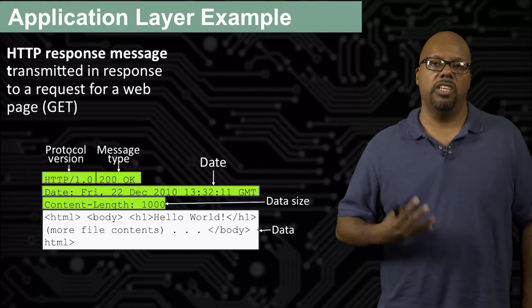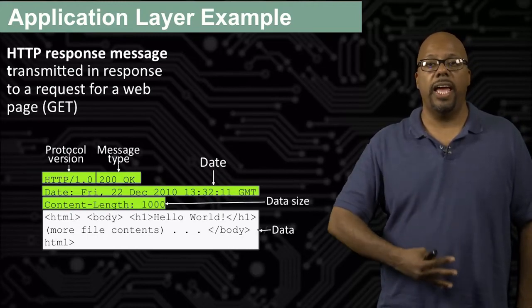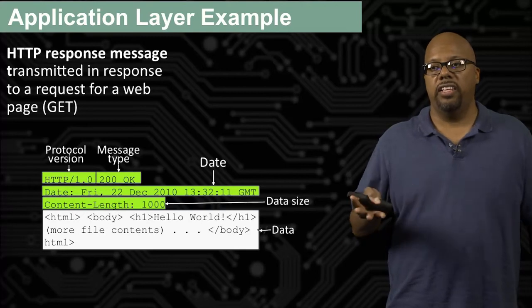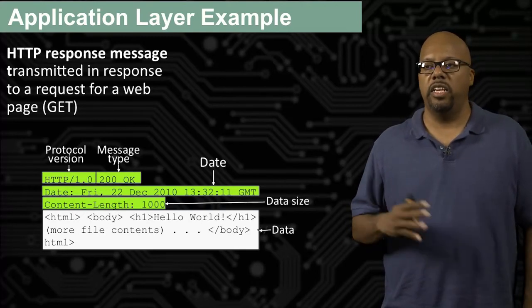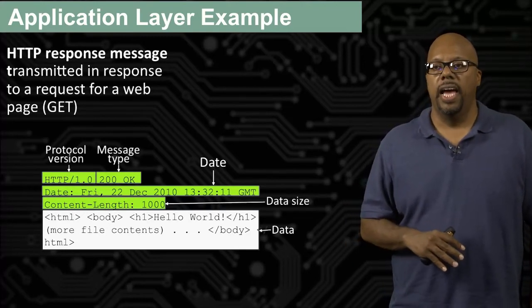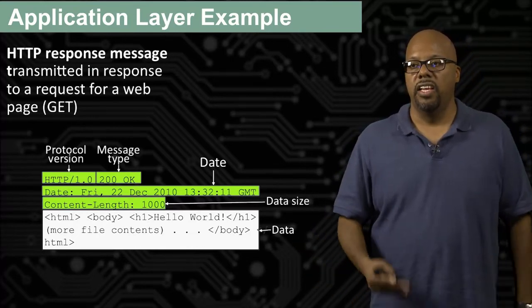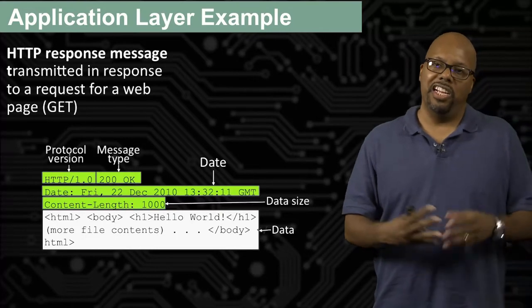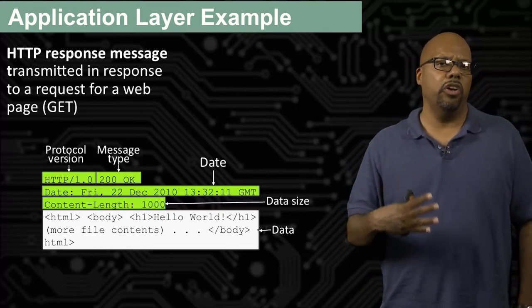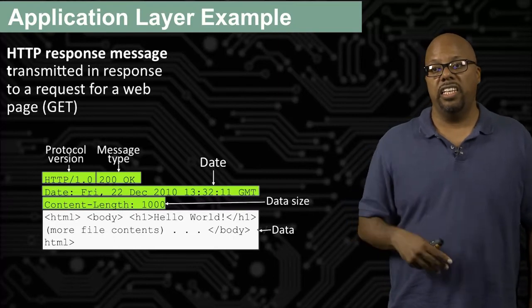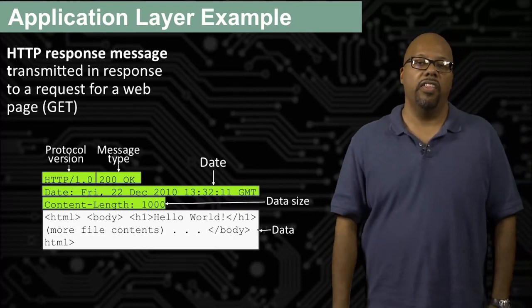Every response message is going to have a particular code. 200 OK is your standard response. Then the next line has a date, the date it was transmitted, and so on. The next line has a content length, so that's how big the data is. That's inaccurate, but that's an example. There are a lot of different pieces of header information you can put in the header. Now then the body, the data that you see there, is the actual content of the message.